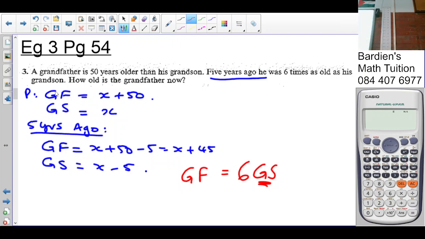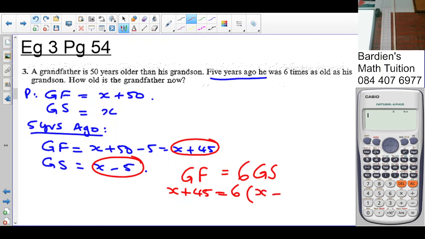So, we are told 5 years ago, he was 6 times as old as his grandson. So how old was the grandfather 5 years ago? x plus 45 is equal to 6 times. How old was the grandson 5 years ago? x minus 5.